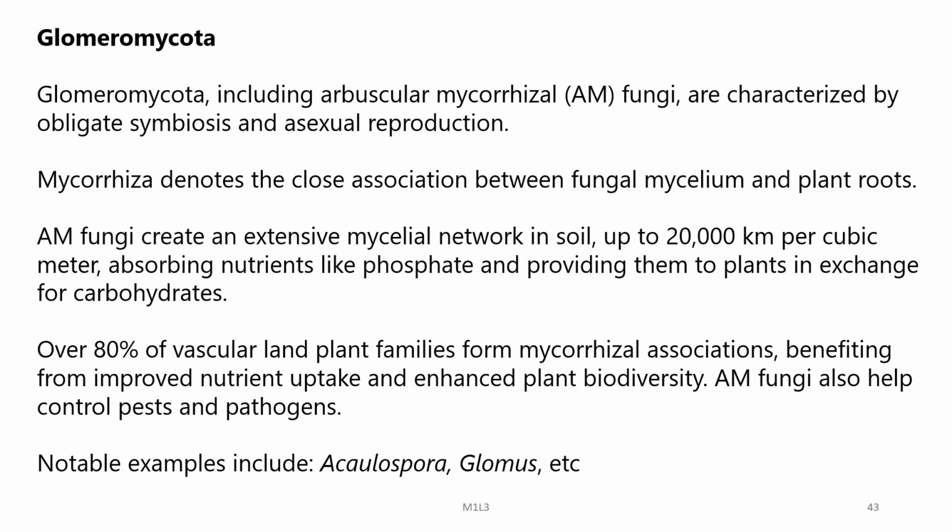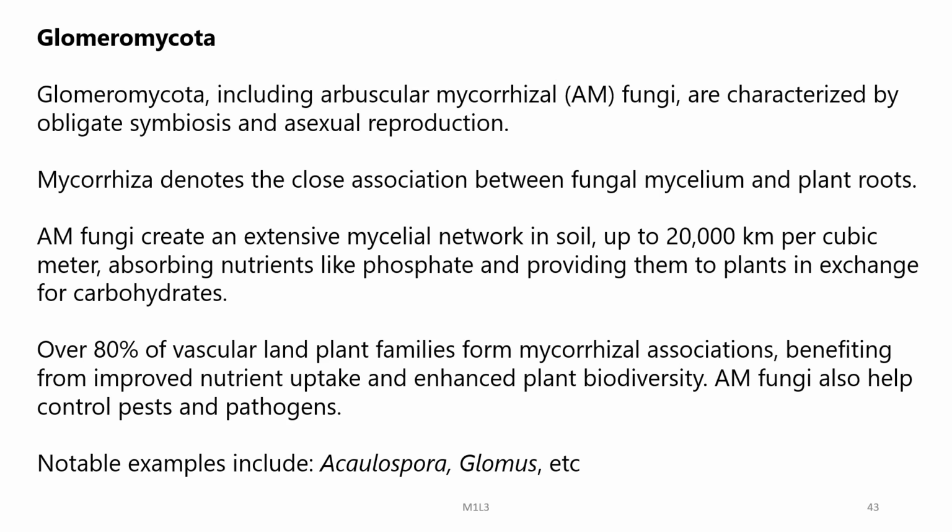Glomeromycota. These include arbuscular mycorrhizal fungi and are characterized by obligate symbiosis and asexual reproduction. Mycorrhiza denotes the close association between fungal mycelium and plant roots. Arbuscular mycorrhizal fungi create an extensive mycelial network in soil, up to 20,000 km per cubic meter, absorbing nutrients like phosphate and providing them to plants in exchange for carbohydrates.